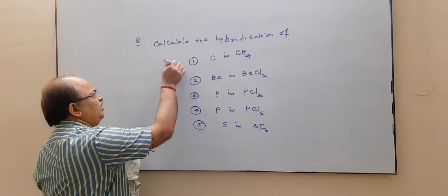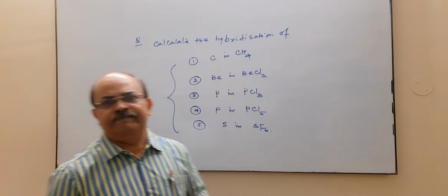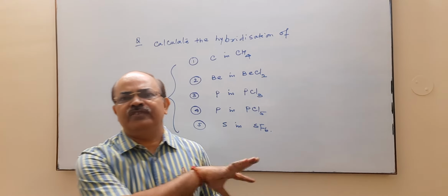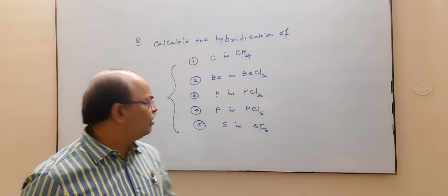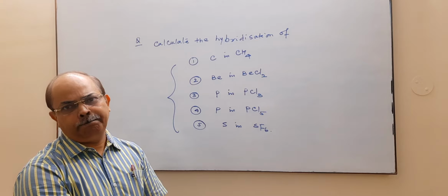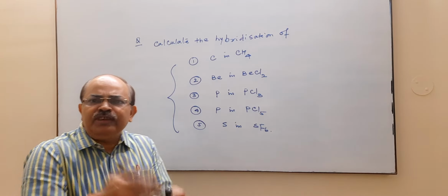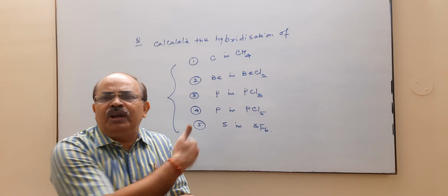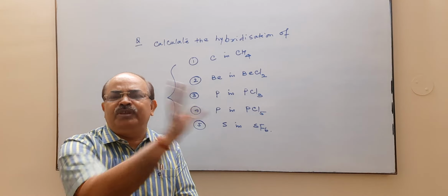So what should be the hybridization? Suppose you have to find its hybridization, how will you calculate it? Now if the question is simply to calculate the shape, what will be the shape? What will be the geometry?